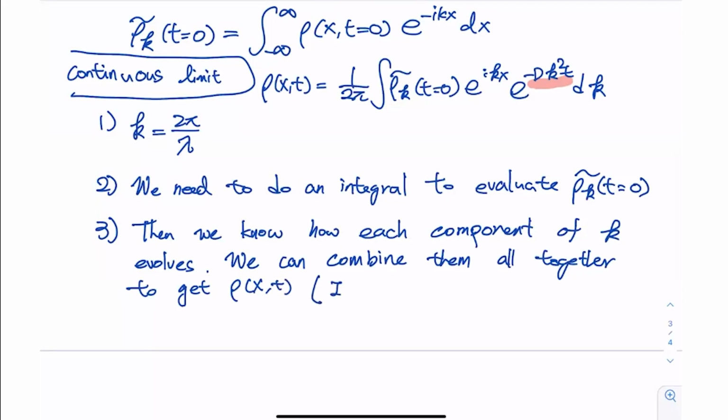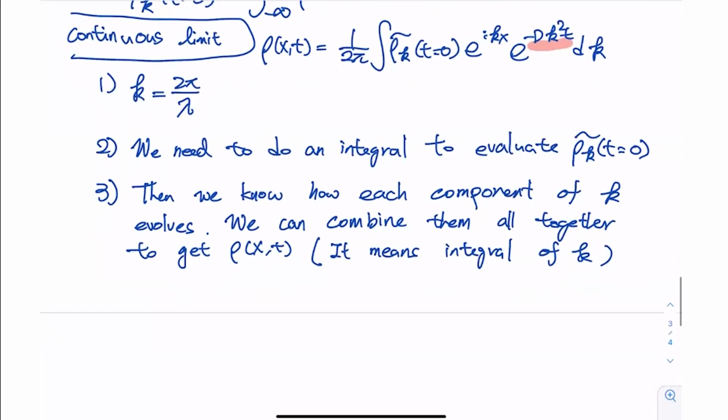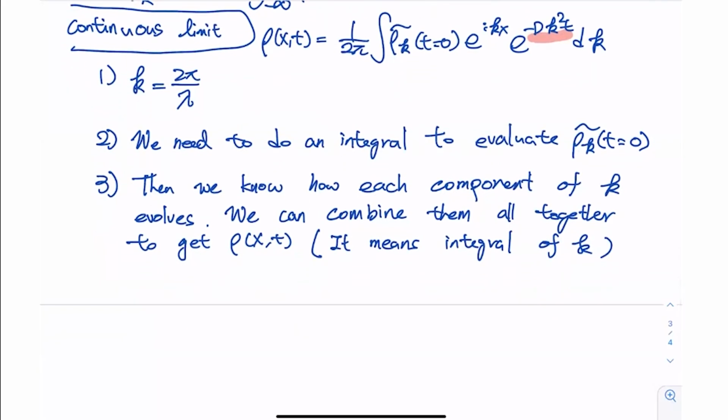And combining them all together means an integral over k. Okay, so that's basically the whole process to reconstruct the solution.